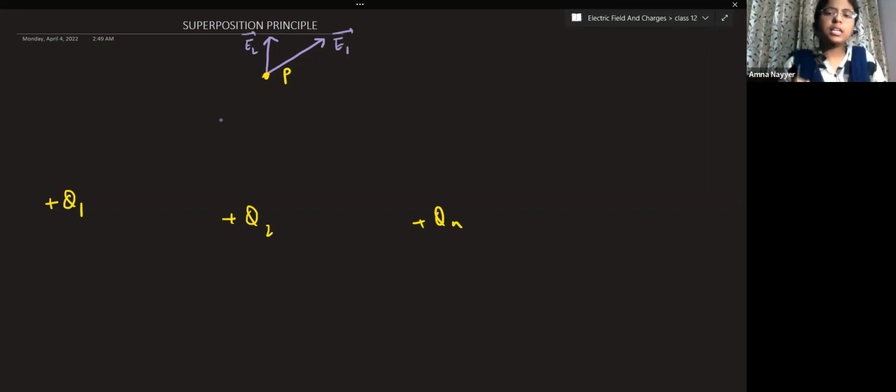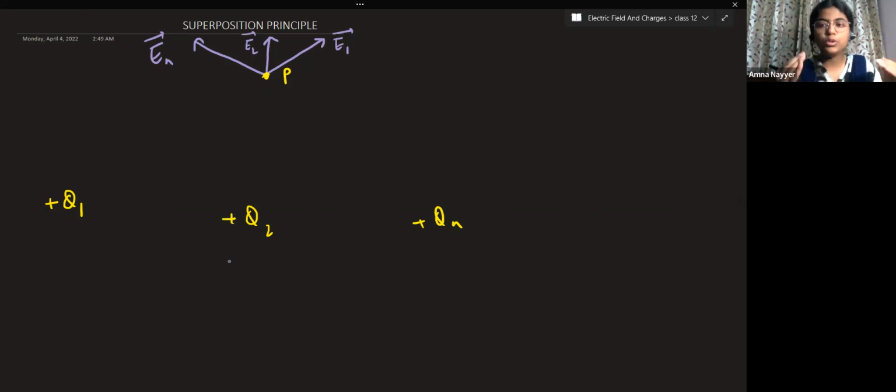All right. Now see, we have taken n number of charges. We have various charges with us. So the electric field generated by the nth charge that we have taken will also be away from the charge in this manner. This is En. Now see, how will we get the resultant of all the charges that are present? Electric field is a vector quantity, so it cannot be added directly. Means algebraically you cannot add electric fields.